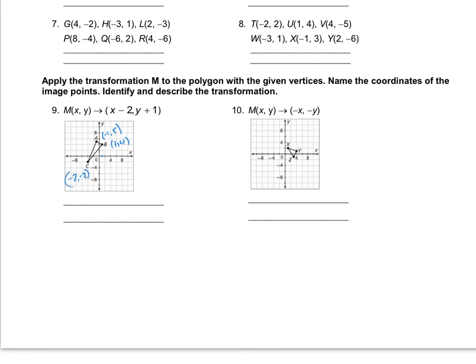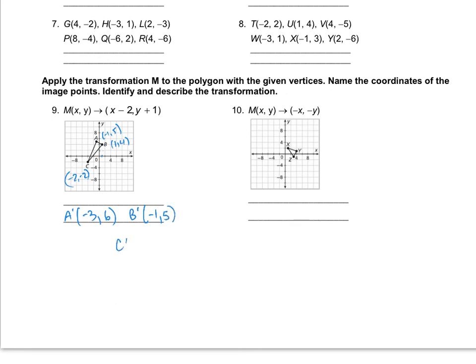I can find my A prime, and A prime would be negative 1 minus 2, negative 3, and then 5 plus 1, which would be 6. B prime would end up being at 1 minus 2, which is negative 1, and 4 plus 1, which is 5.